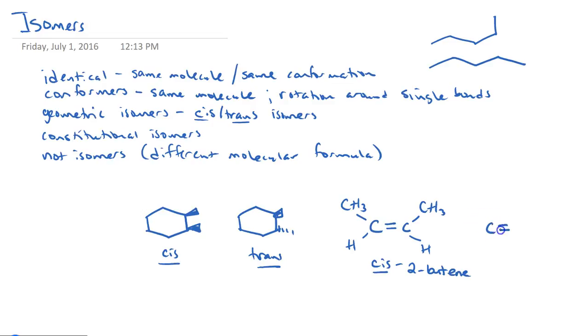And then if you have the double bond where the methyls are on opposite sides, and I didn't draw that bond very nicely, so let's try that again. Okay, this would be called trans 2-butene. And the same and opposite is by looking at an imaginary line that goes right down the middle of this double bond.